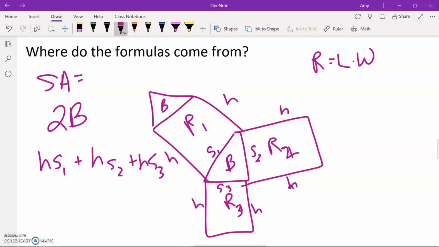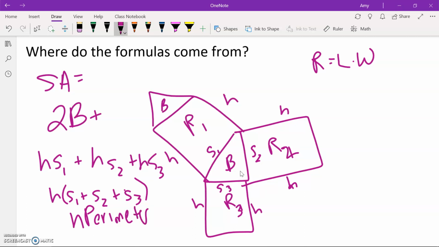If I pull an H out of here, what did I just create? Well, this is side 1 plus side 2 plus side 3. What part of my base is that? That's just the perimeter. So that's actually H times the perimeter of the base.